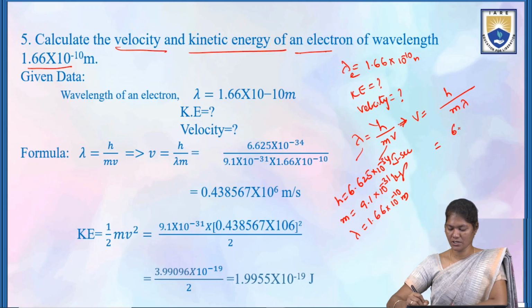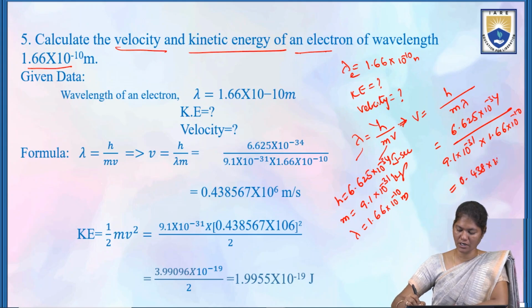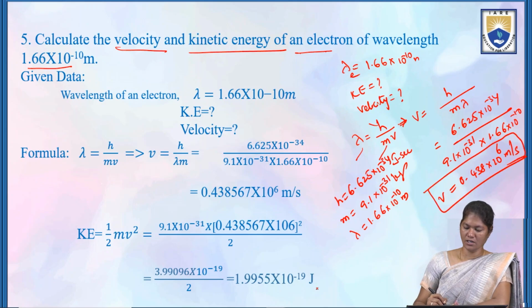Substituting 6.625 × 10^-34 divided by 9.1 × 10^-31 × 1.66 × 10^-10, the value becomes 0.438 × 10^6 meters per second. This is the velocity of the electron.